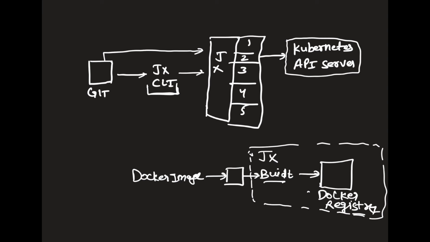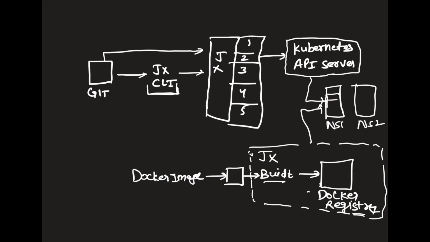Now you have your Docker image. Using this Docker image, you can deploy your applications onto your Kubernetes cluster. Let's say in the Kubernetes cluster, you have different namespaces, namespace 1, namespace 2. Based on the configuration that you have provided, your application can go to that particular namespace and be deployed.